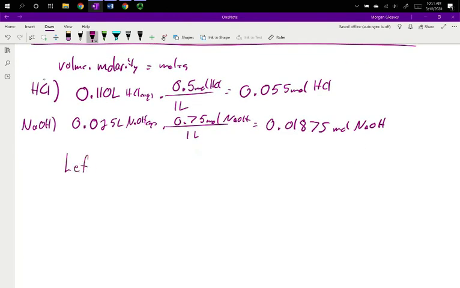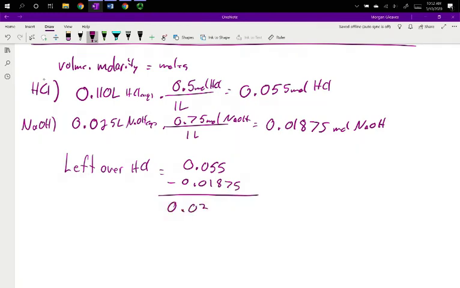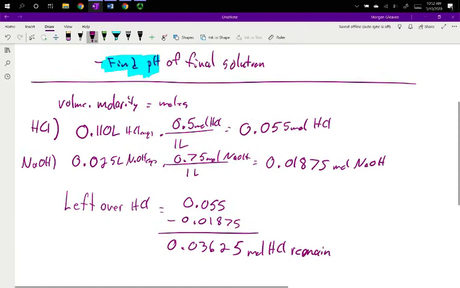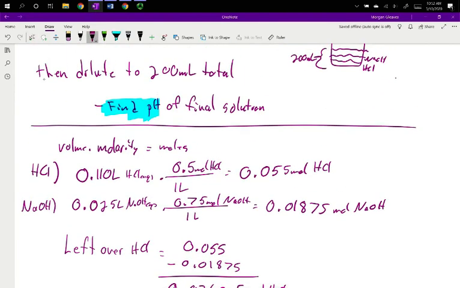Remaining or leftover HCl is going to equal 0.055 minus 0.01875. So 0.03625 mole of HCl remain. Well, all of that is going to be in our final volume, which was 200 milliliters.